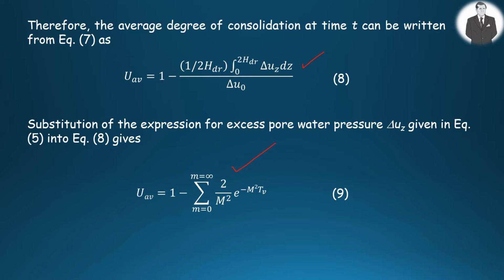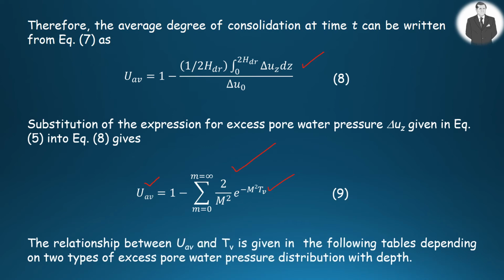Now, the relationship between the average degree of consolidation and the time factor can be tabulated based on the types of excess pore water pressure distribution with depth.